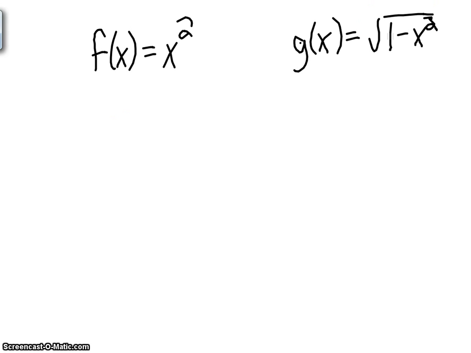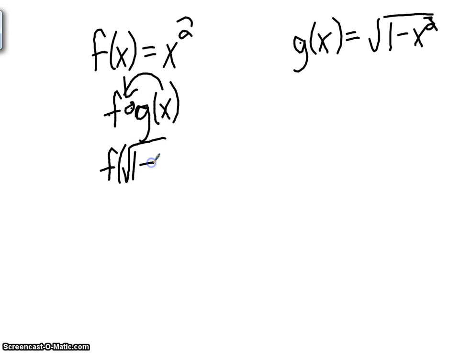Alright, we'll do one last example of just a regular composition. So this one, I want f composed of g to start. So g will be plugged into f. We've got f of the square root of 1 minus x squared. I plug that into my equation.